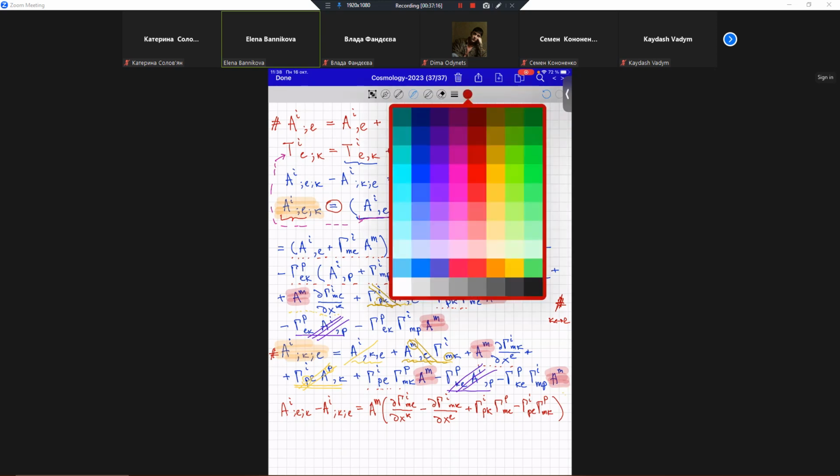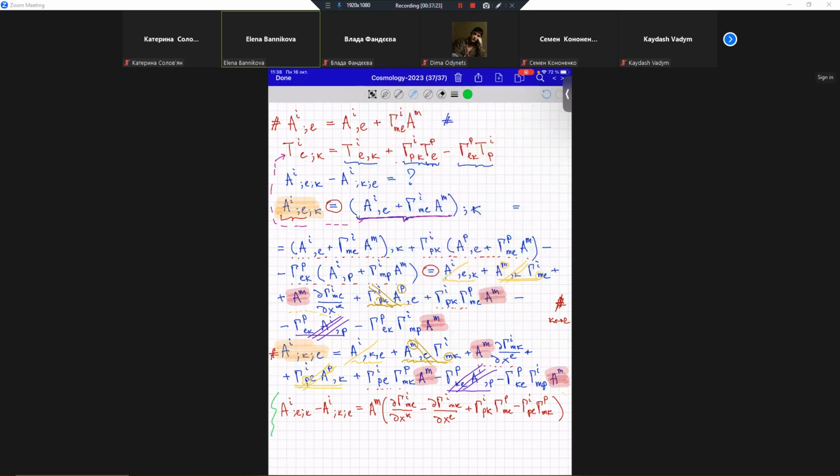And we can put it in some frame. Okay, green frame. This is the final expression which we obtain.